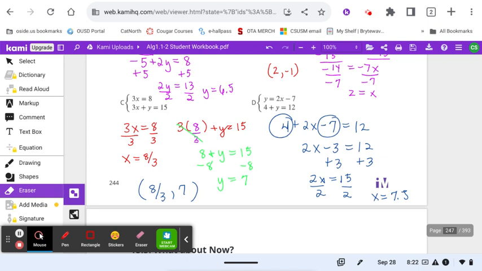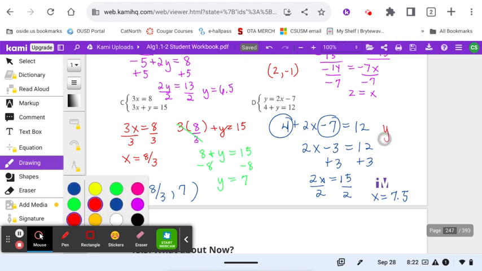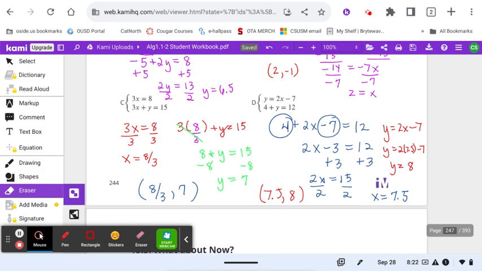That is supposed to be a 5 there at the end. Okay, now put x back into the y equation. So 2 times 7.5 minus 7. And then grab your calculators and multiply that out and then subtract 7. And you should get that y equals 8. So we put those two coordinate pairs together, 7.5, comma 8. I don't know what is wrong with my 5s here.